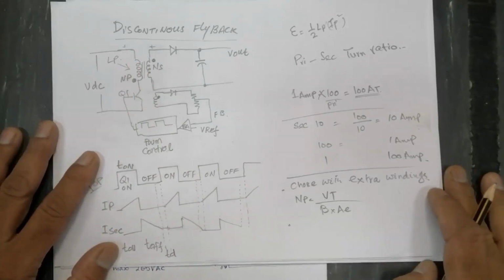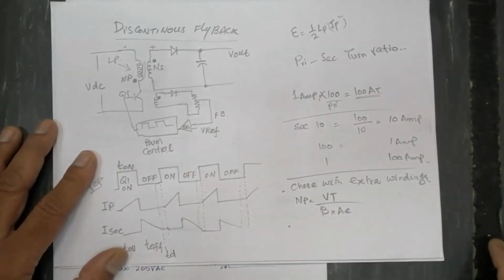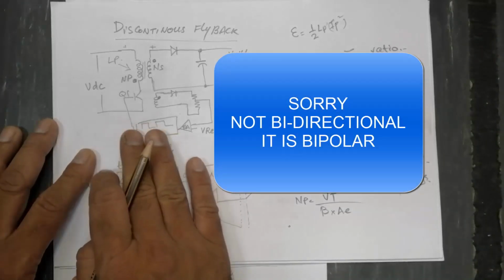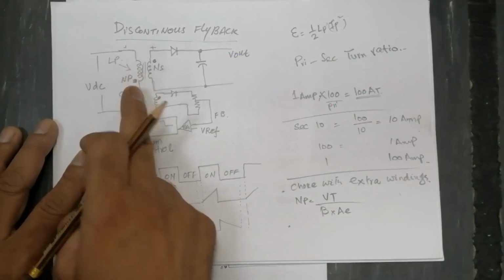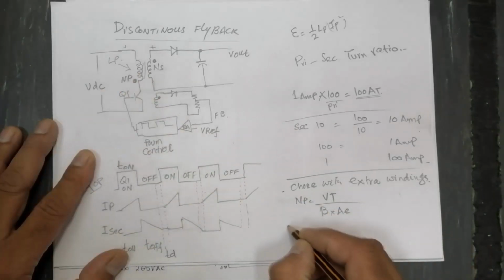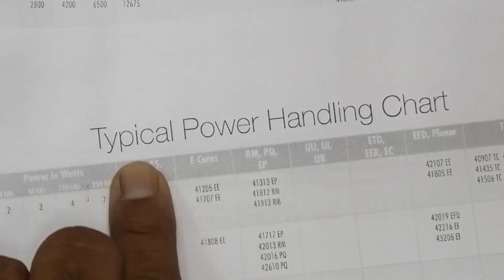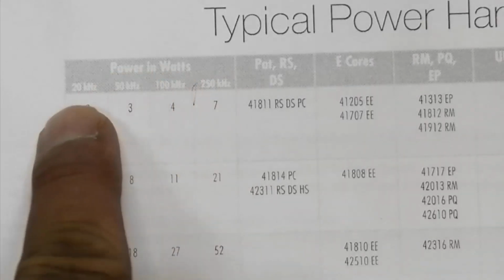Now, in the calculation of the transformer, the basic item is core selection. To consider core selection, we have to know that all the cores are rated for push-pull topology, which is bidirectional. But this transformer, we can say, is a unipolar magnet. For unipolar magnets, when we go to the typical power handling chart for ferrite cores, there are different cores at different power in watts at different frequency levels.